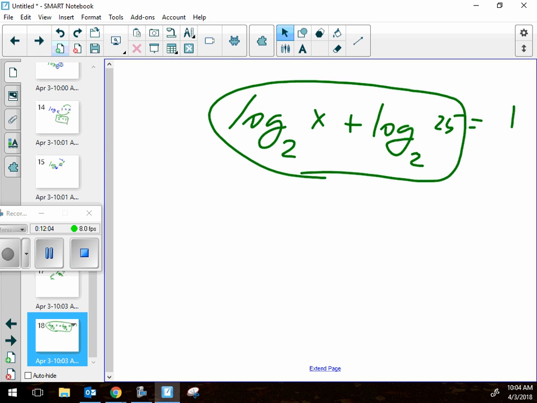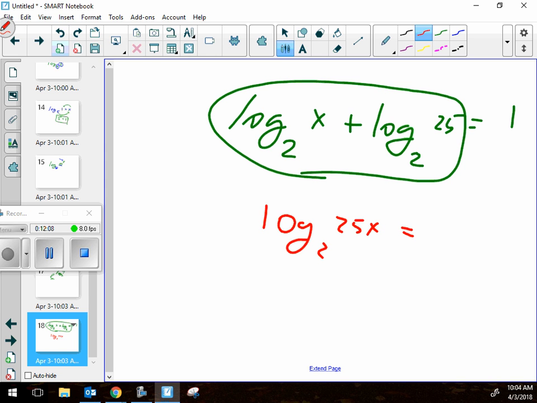Okay, so you should have said log base 2 of 25x is equal to 1. And then you can do a rewrite. 2 to the first is equal to 25x, which is really pretty easy, isn't it? Then you just divide both sides by 25, so it's 2/25.